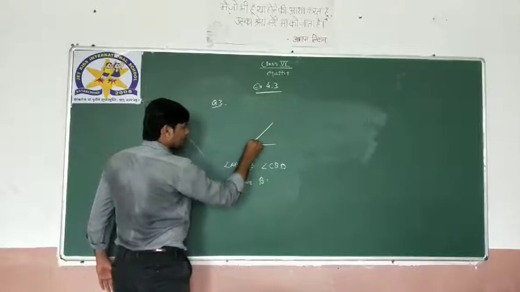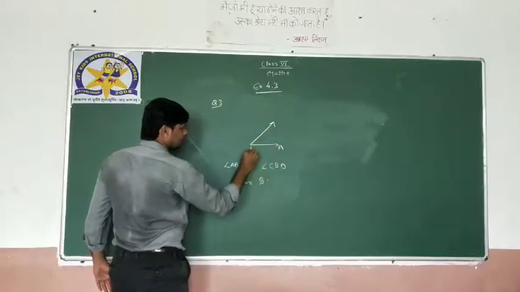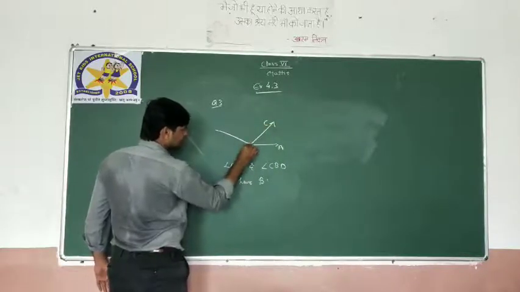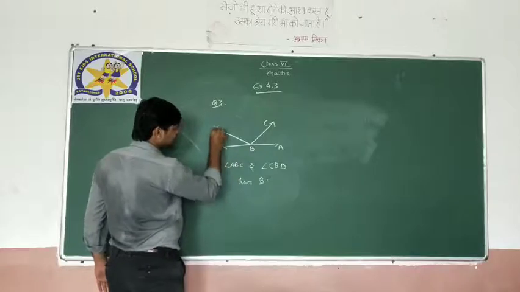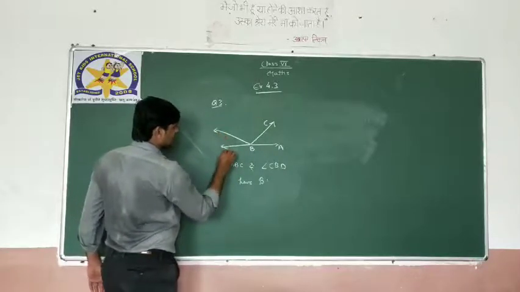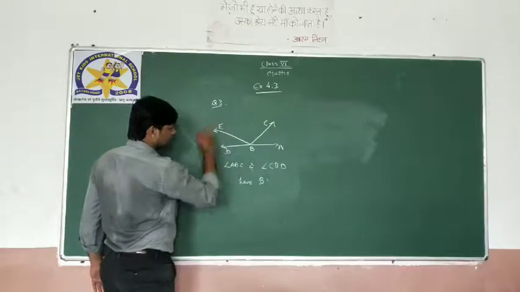A, B, and C. After that, I'm just making another one. Clear? So D and E. Clear?